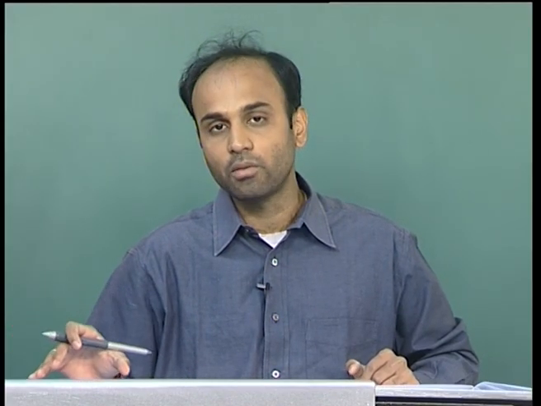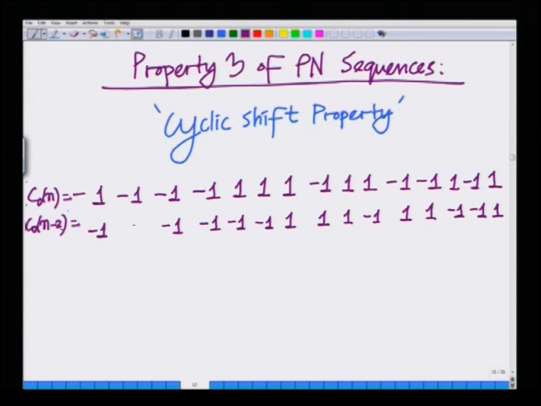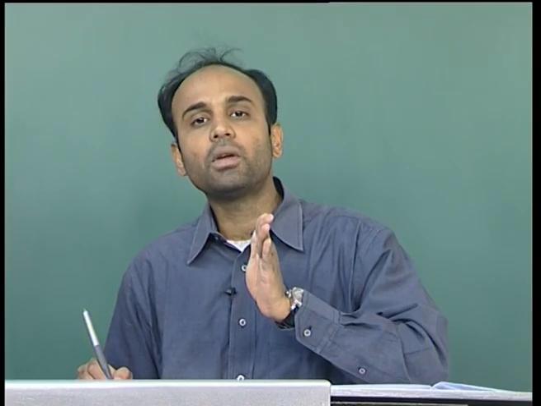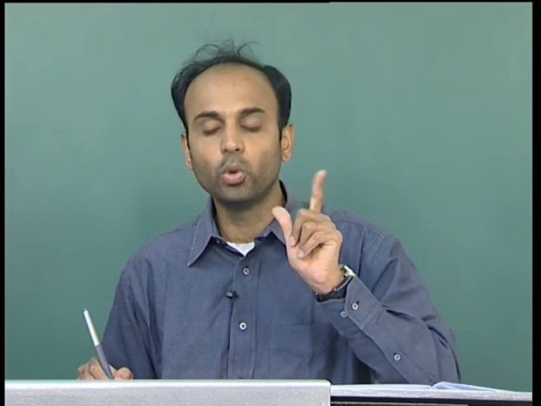I am shifting cyclically by 2 units, and the last 2 chips I will shift to the front. So, in the front I will have minus 1 comma 1. Alright, so what I have now is a PN sequence and a shifted PN sequence, cyclically shifted in time by 2 units.